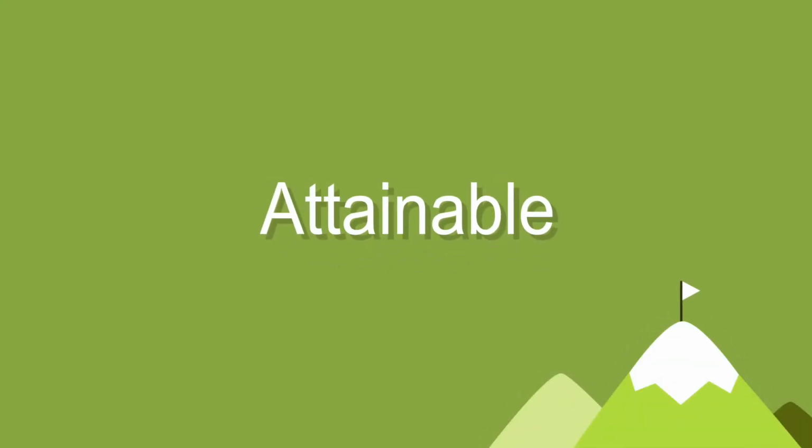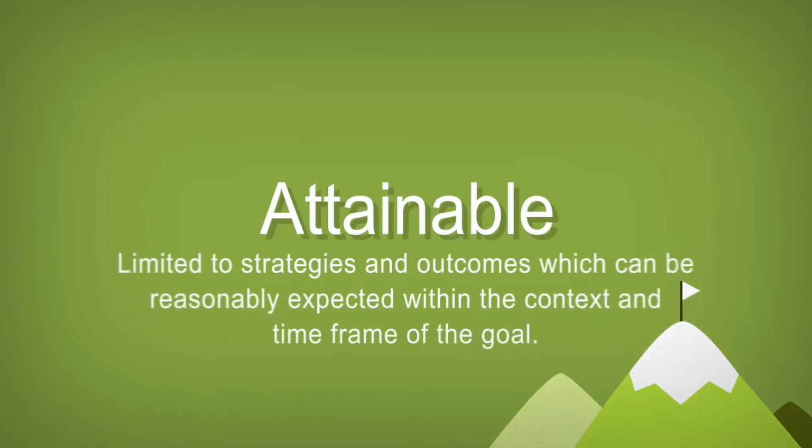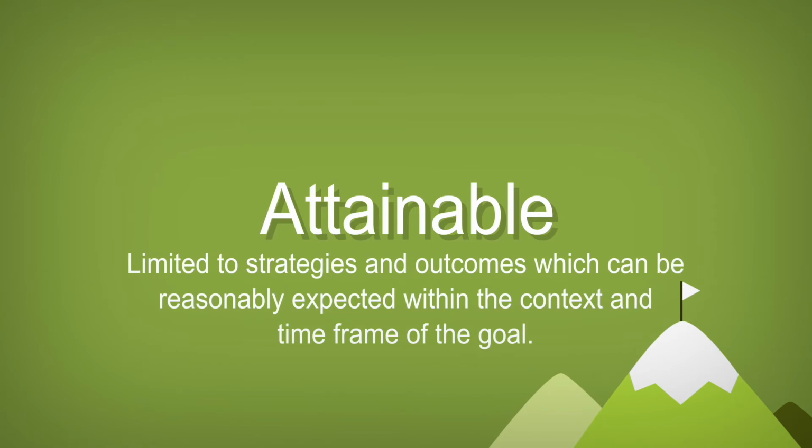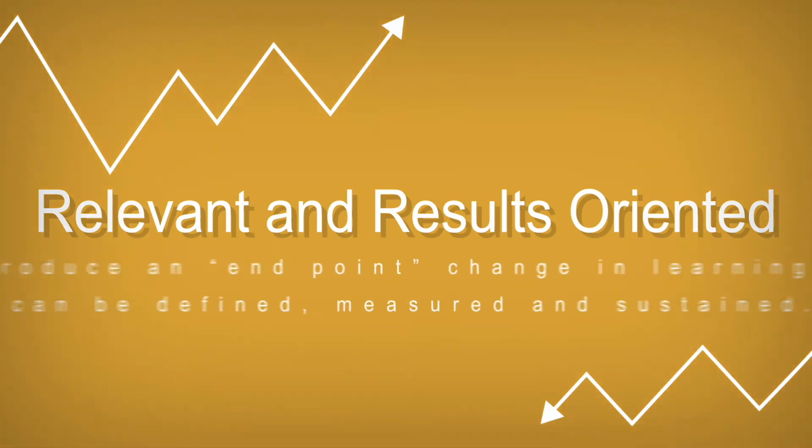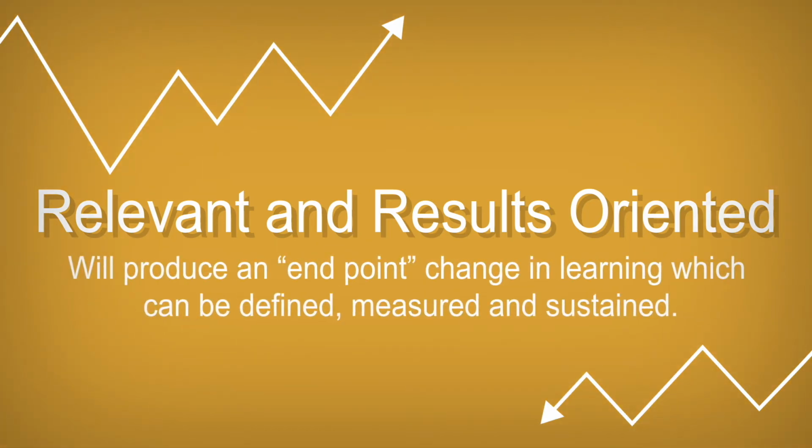A SMART goal should also be attainable. This means it's limited to strategies and outcomes which can be reasonably expected within the context and time frame of the goal. Relevant and results-oriented. The goal will produce an endpoint change in learning, which can be defined, measured, and sustained.